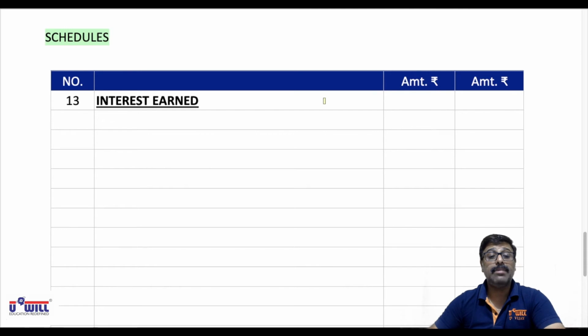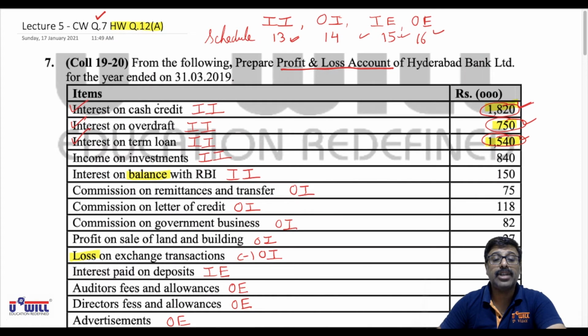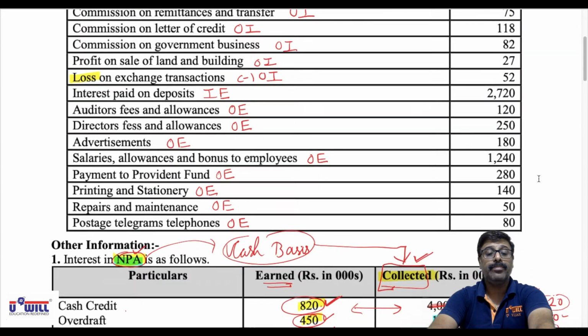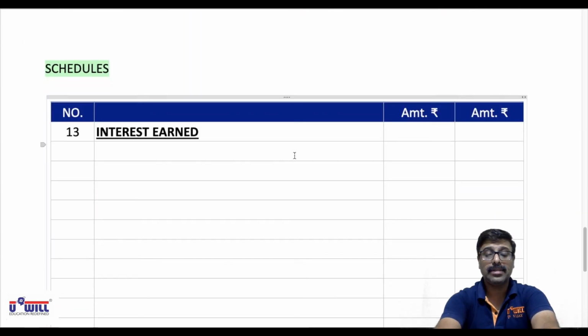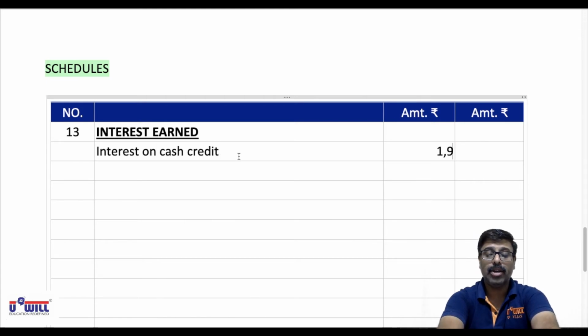What all items will come in schedule number 13, interest earned, as we have marked II items. Very first is interest on cash credit 1820. Write that in the inner column because we have put a tick on that. So all of you write down interest on cash credit 1820 in inner column.